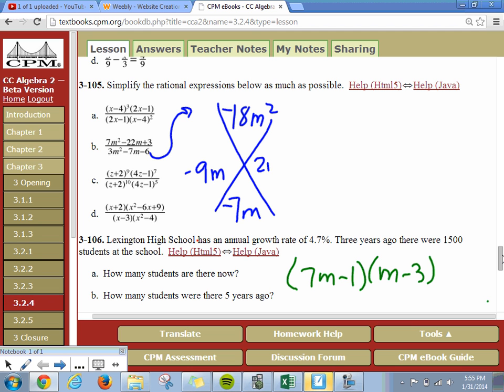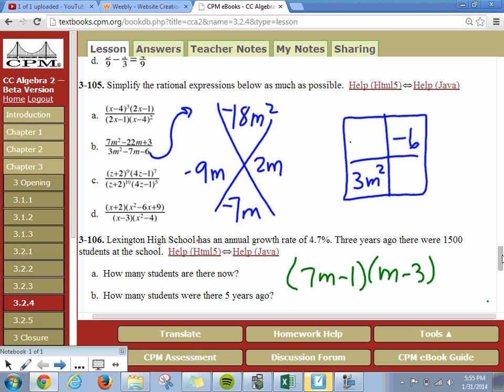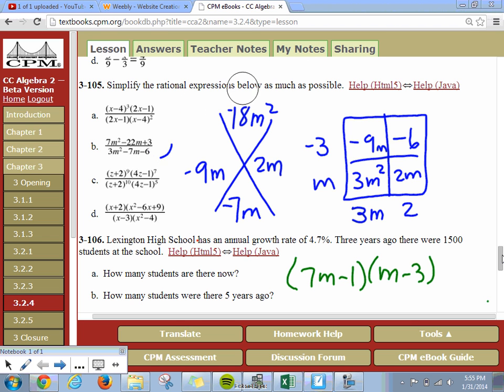There's also 9 and 2. So we want a negative 9m and a positive 2m. Putting that into our box, I'll have 3m squared and negative 6. And then we plug in our negative 9m and a 2m. So over here we can pull out a negative 3. Here we can pull out m. Then here we've got a 3m and just 2.